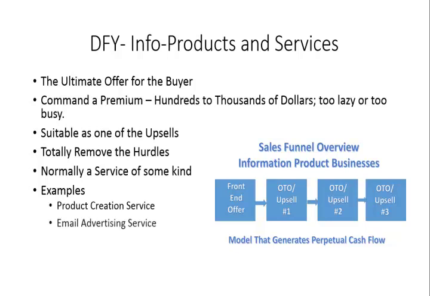You can actually advertise for them on email. So instead of them writing emails, instead of them figuring out what the copy is, you actually do it, or you have your team do it, and they don't have to do the actual work. They don't have to figure out what the tutorials mean for their business. You actually do that for them. And once again, you're going to charge them significantly for this.